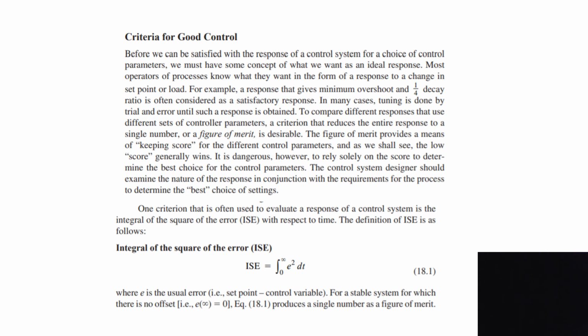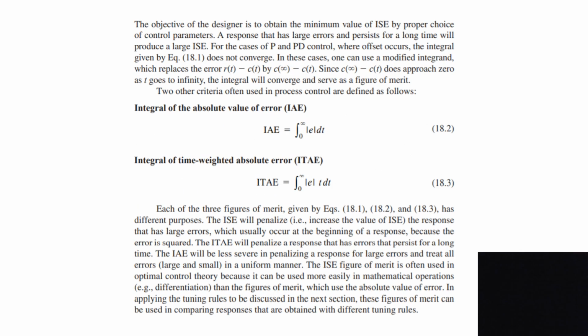One is called integral square error, another is integral absolute error, and the last one is integral time weighted absolute error. Integral square error is the integral of the square of the error, absolute error is the integral of the absolute value of the error, and integral time weighted absolute error is the integral from 0 to t of t times the absolute error dt. Each of these represents a figure of merit.